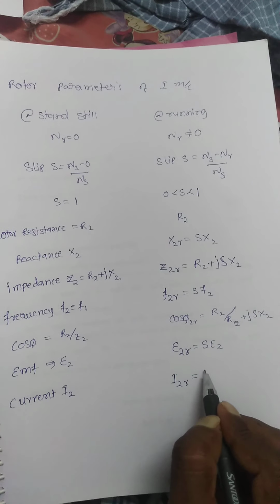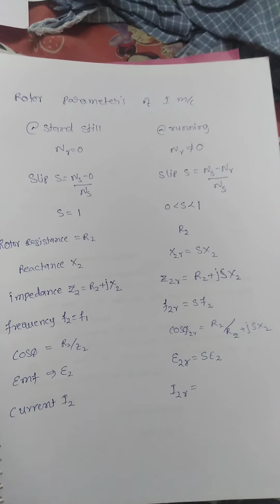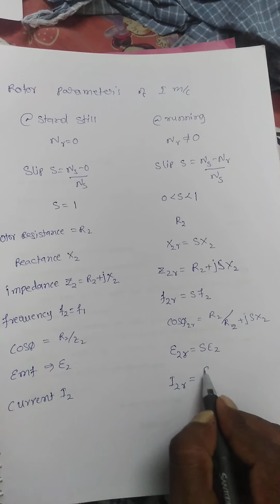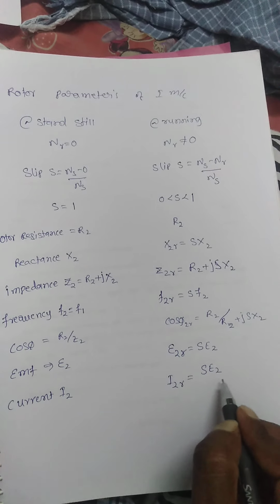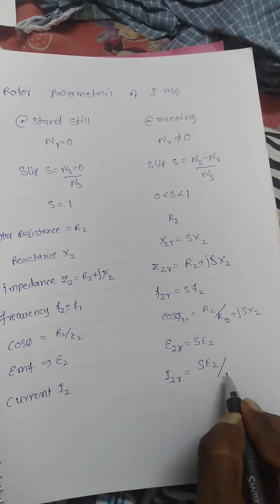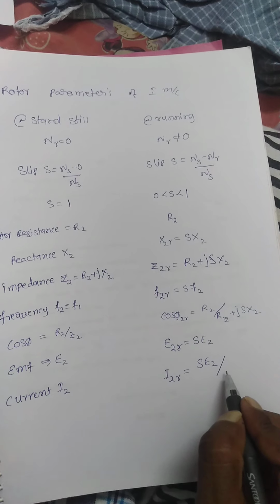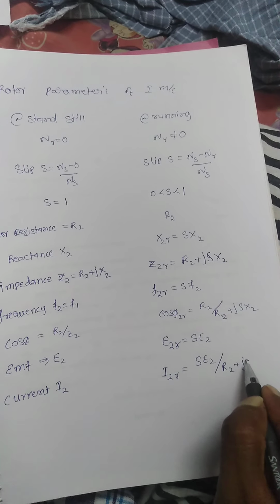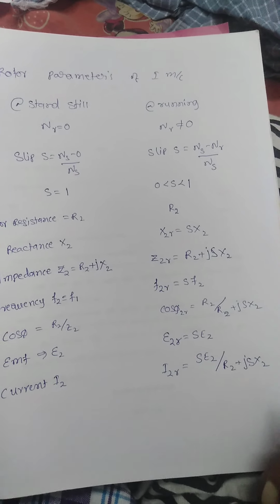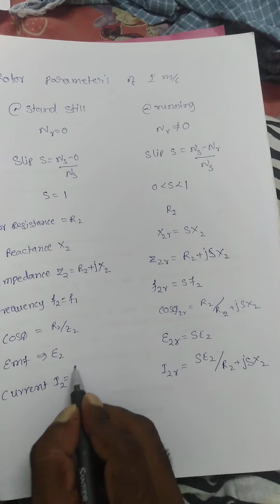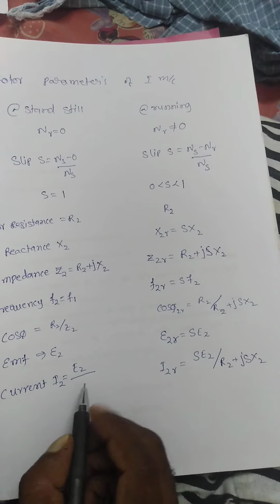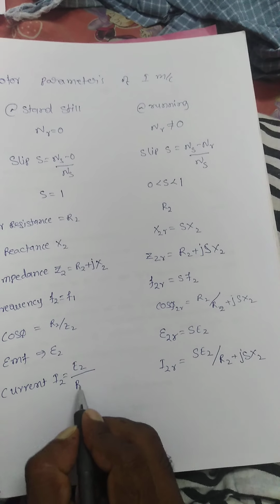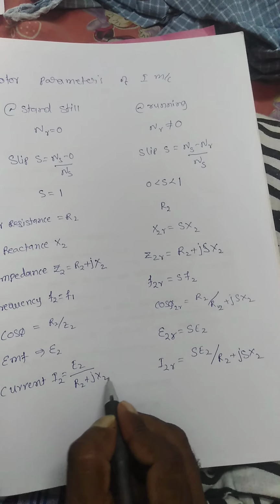I2r equals sE2 by Z2. That means Z2 is R2 plus jsX2. Here I2 is equal to E2 by Z2, where Z2 is R2 plus jX2.